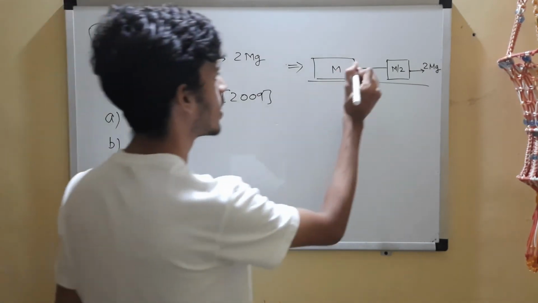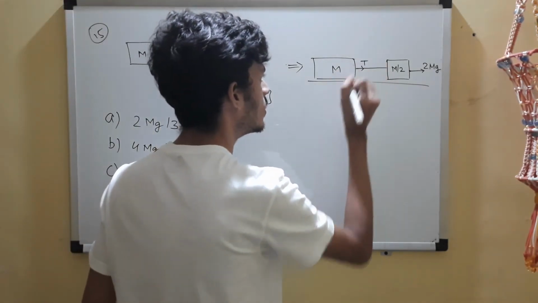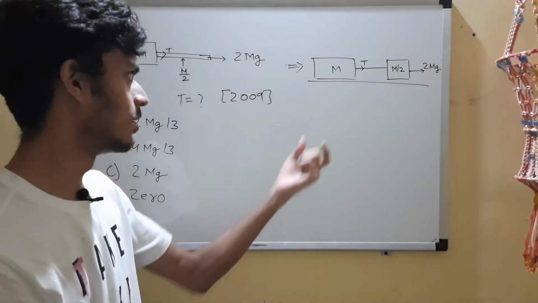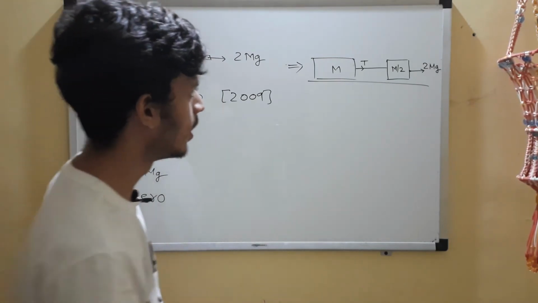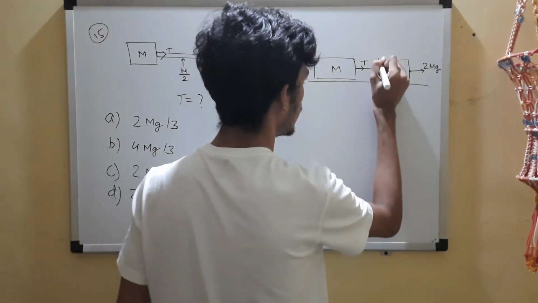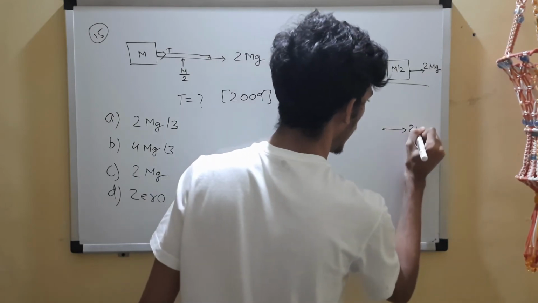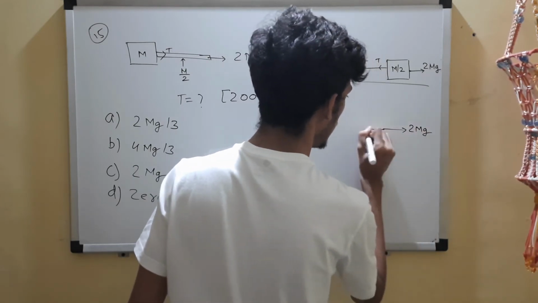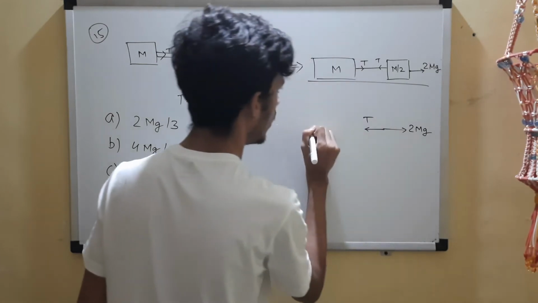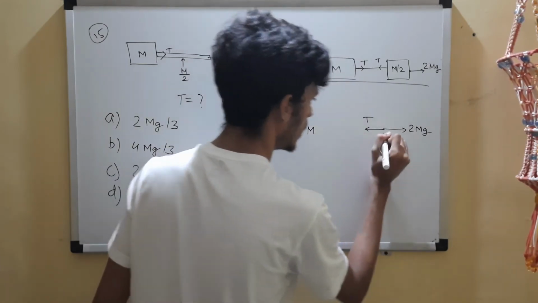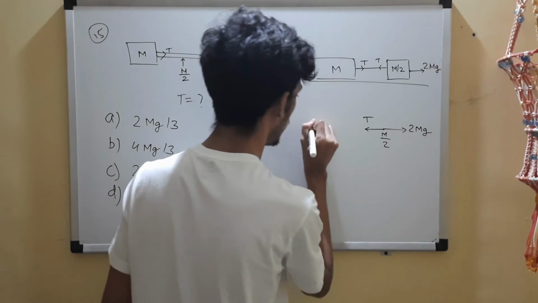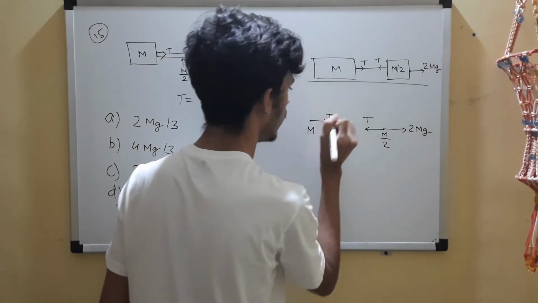Now this question becomes equivalent to the previous question. You just have to find that T. So let's write the equations. Let's draw the FBD first. So for m by 2 you have 2 mg and T in this direction. And for m you just have T in the forward direction.